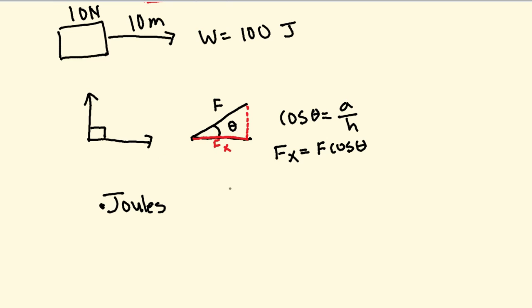You can also find work from a force versus distance graph. If this is your displacement and this is your force, then the work will be the area under the curve.